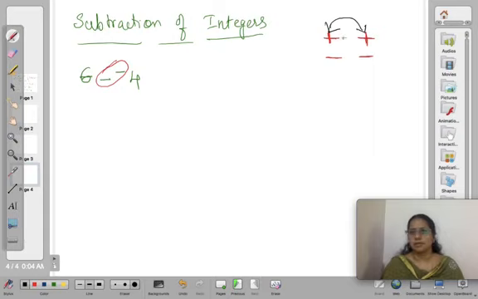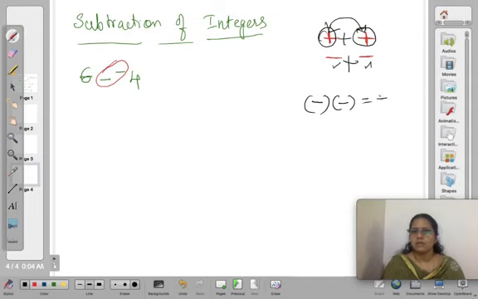If your character and your friend's character are the same, then you will make a bond. That means negative of negative is always positive, and positive of positive is always positive.